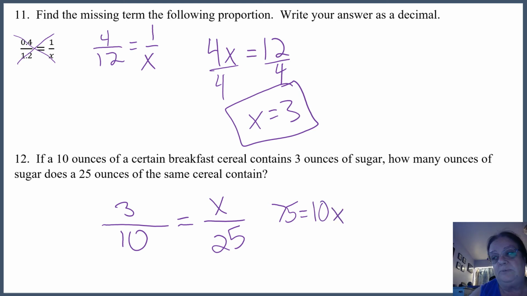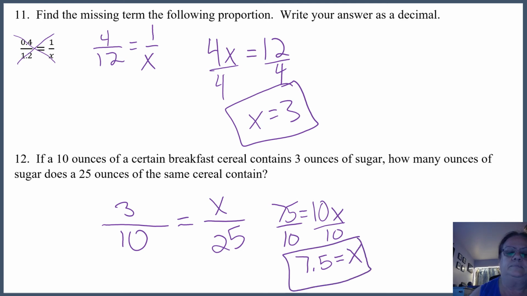And remember, this cross product thing only works if there's an equal sign between them. All right, now I divide by 10, which is super simple to do. And there we go. Oh, we do want to put ounces on here because it is ounces.